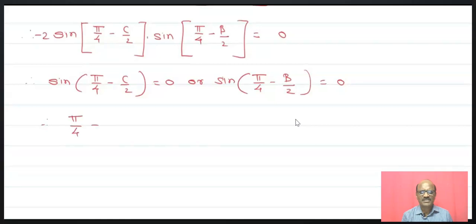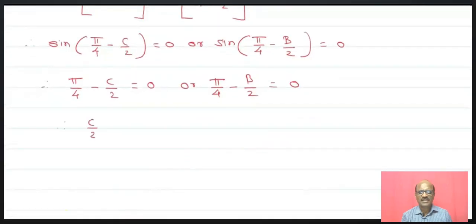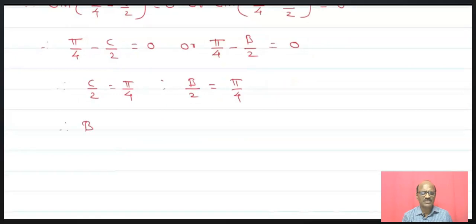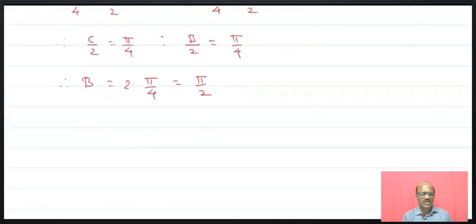But when the sine becomes 0, the angle must equal 0, so sine of (pi by 4 minus b by 2) equals 0. That's why c by 2 is equal to pi by 4 and b by 2 is equal to pi by 4, and that's why c is equal to 2 times pi by 2 and b is equal to 2 times pi by 4, so the value of b is pi by 2.